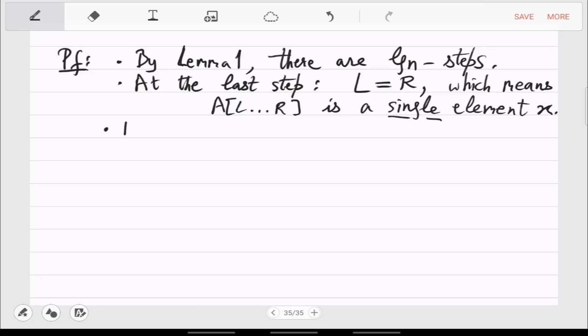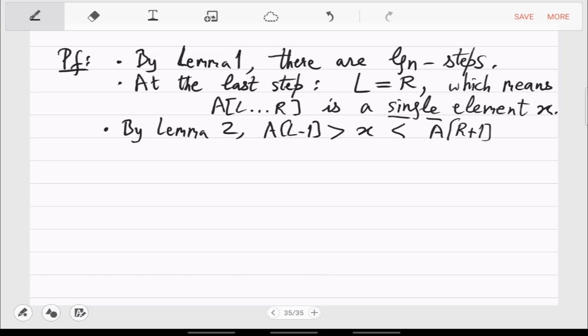By lemma 2, the property is that A[L minus 1] is more than X, and X is less than A[R plus 1], which implies that X is a local minima. Okay, so this is what you have to write. This is the formal proof.